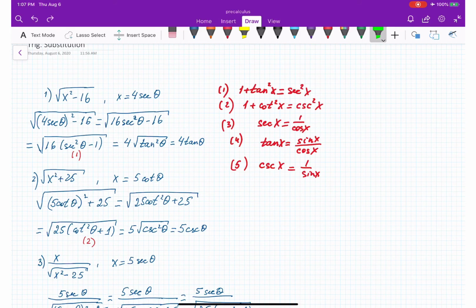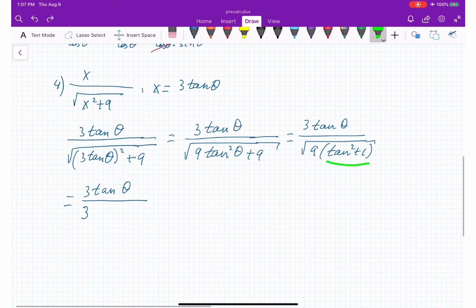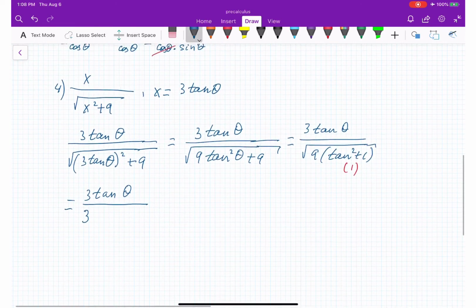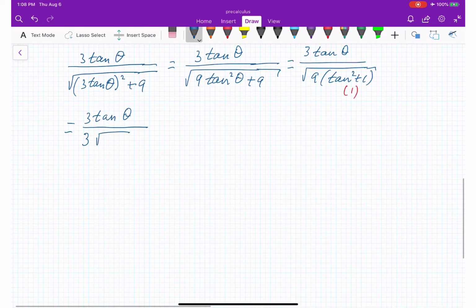It's the first formula, so I'm applying the first formula. So we get the square root of secant square theta, which means this 3 and 3 are gone. So we get tangent theta over secant theta.